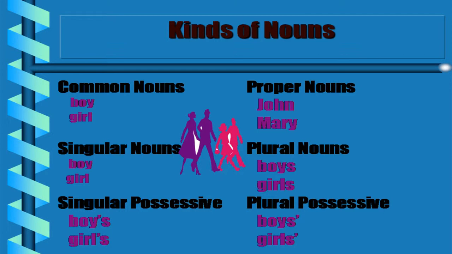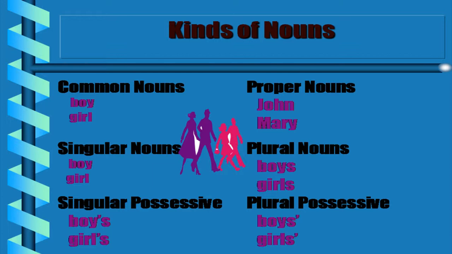And the 6 nouns are common nouns, singular nouns, singular possessive, proper nouns, plural nouns, and plural possessive. Examples of common nouns are a boy, girl. Examples of singular nouns are boy, girl.